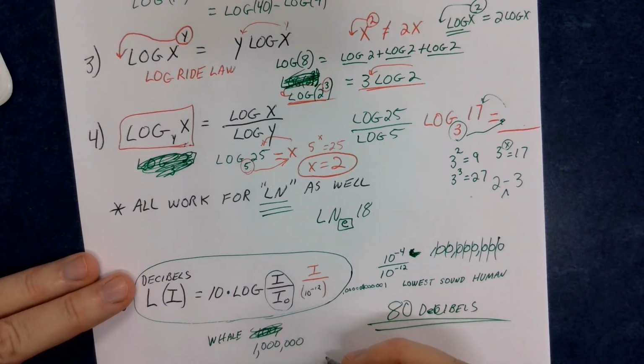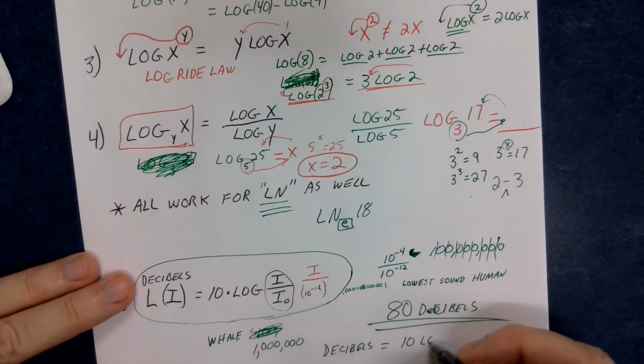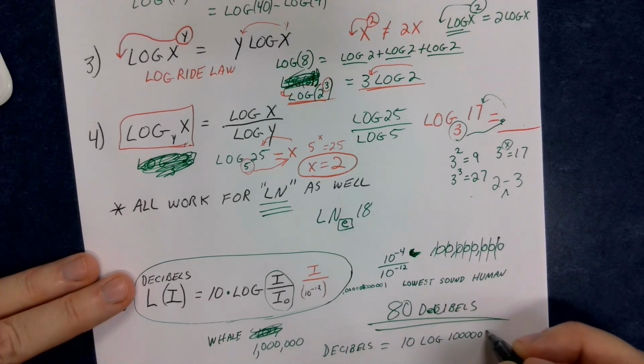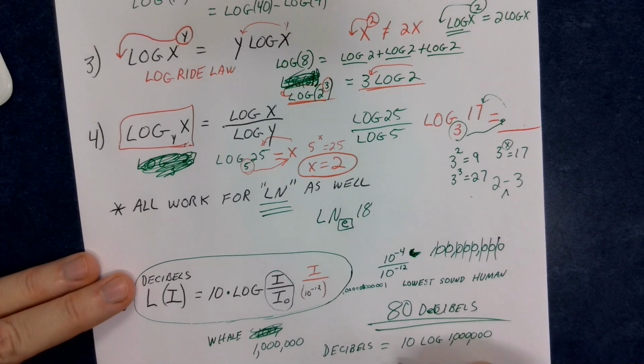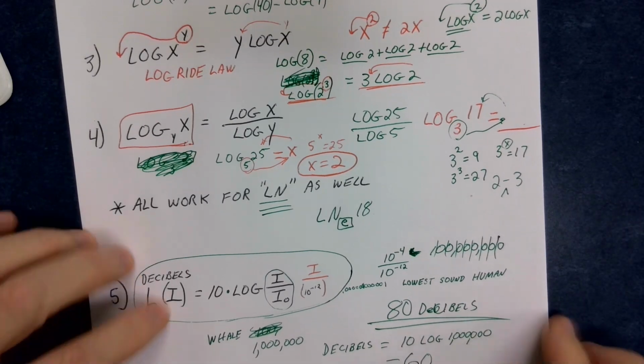So in order to figure out the decibels for that difference, I would do 10 times the log of 1,000,000. And you'll see that I get 60 on that. So that is one of your homework questions.